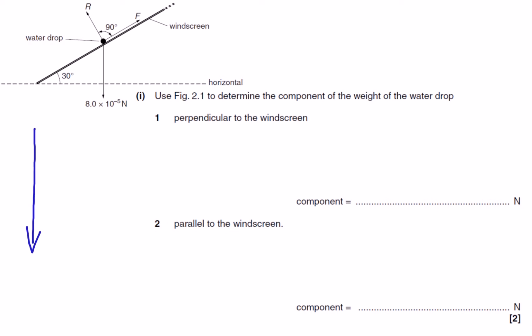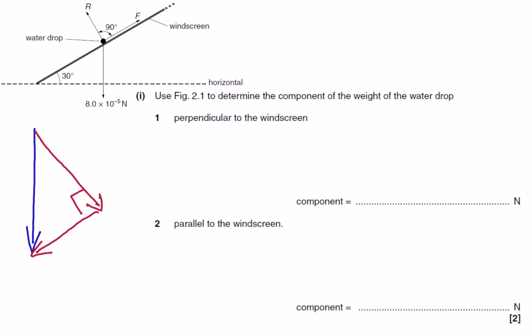So if I just get a different colour, let's go for a red. So what I could do is describe this weight as being made up of a component that is perpendicular to the screen and a component that is parallel to the screen.